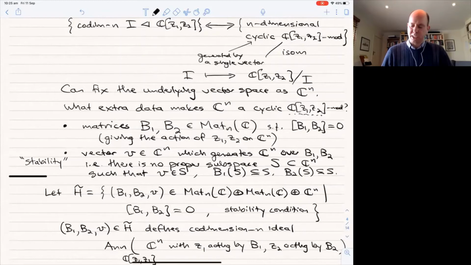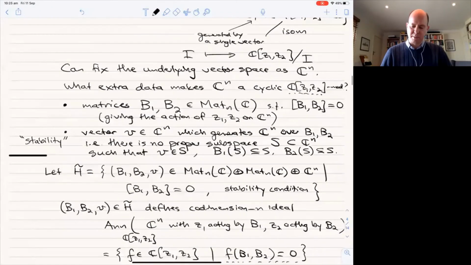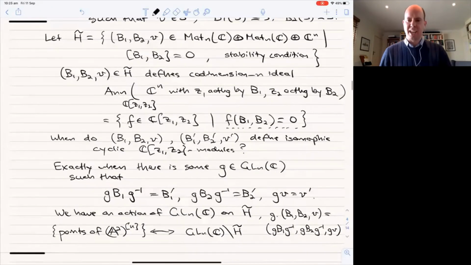Of course, you can easily see that if you have a cyclic module like this, then its generator is uniquely determined up to scalar. So the property that there exists such a vector is not very far from actually choosing the data of such a vector. And the data of such a vector is going to make a critical difference in what comes next. That's why the vector gets thrown in, even though so far everything could be said without it.